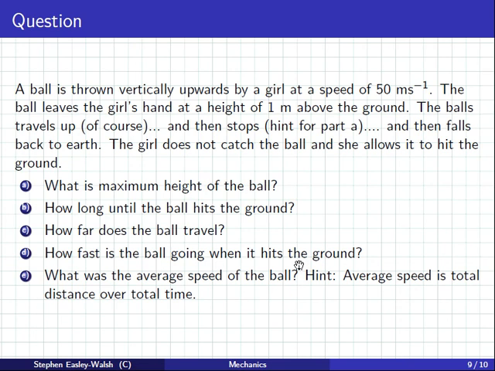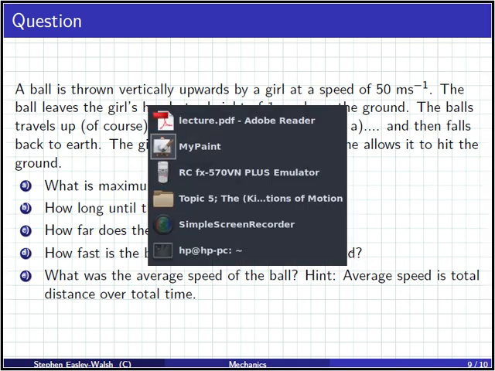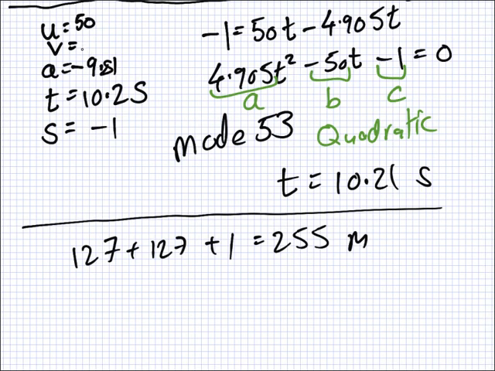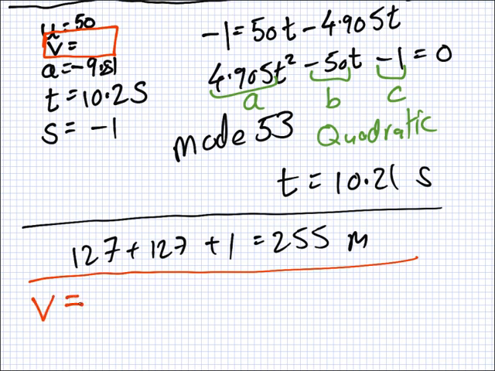How fast is the ball going when it hits the ground? How fast? Velocity. That's the V here. How can I get that V? What formula? V equals U plus AT.